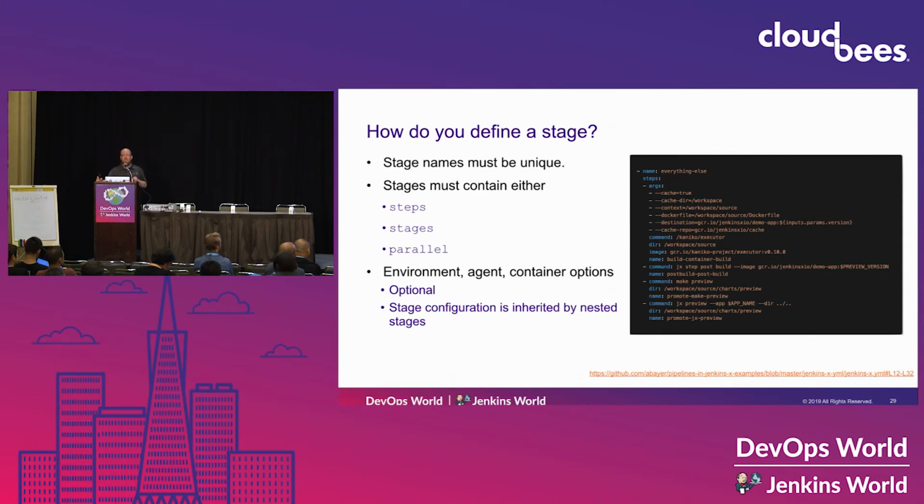Stages, which is a list of nested sequential stages, which will run one after another. You can use that for defining common configuration that you inherit, so again, you don't have to copy, paste, and repeat yourself. Or parallel. Parallel allows you to, well, kind of do what it says, run multiple stages at the same time.